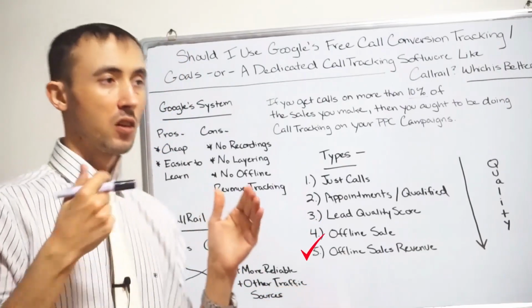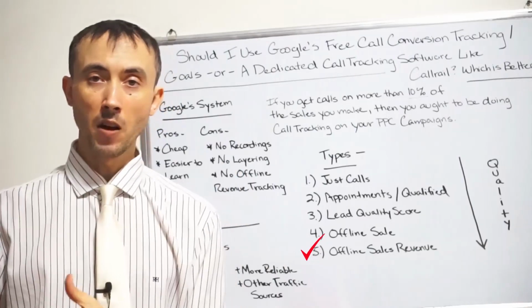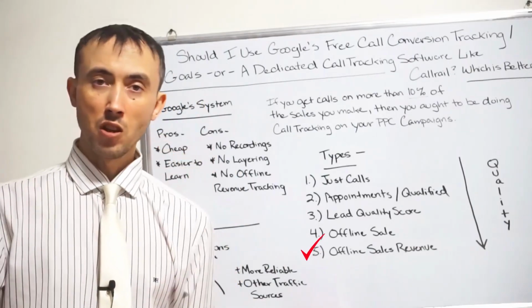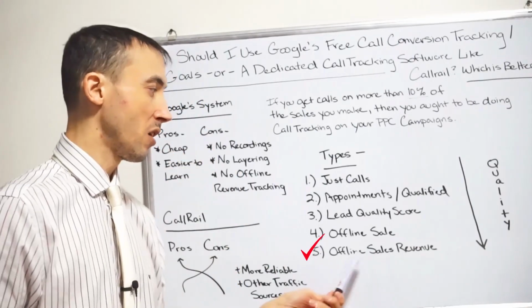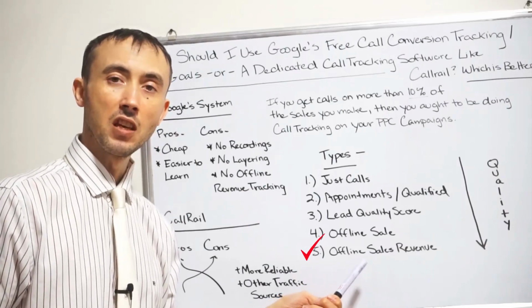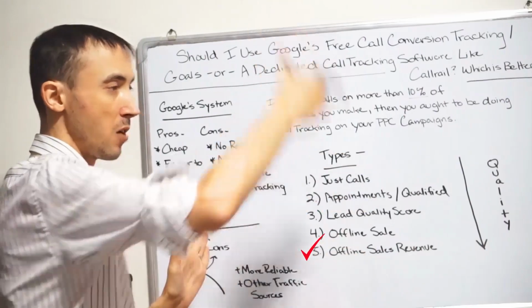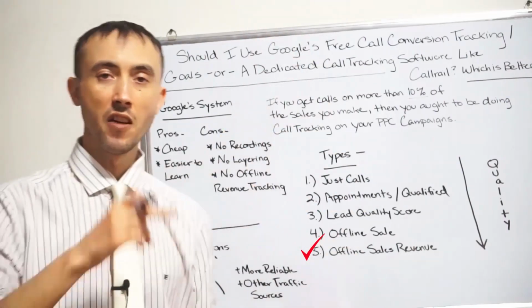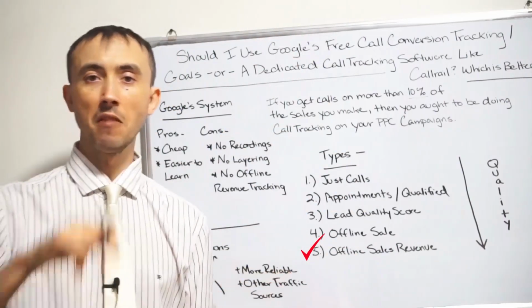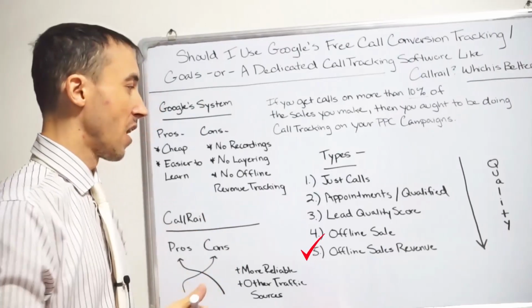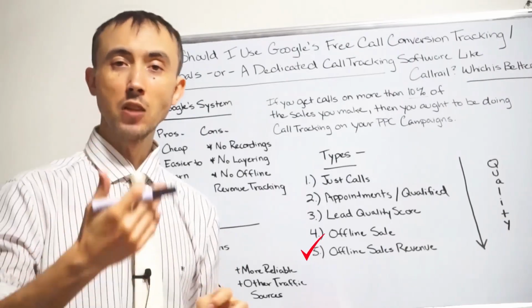So when somebody calls and you take their order over the phone, they spent XYZ amount. Well, you can have that piped into the Google ad account as well, so that in the conversion value column, when you modify your columns, you can see on the keyword level, time of the day level, state level, whatever, how much offline sales revenue you got.